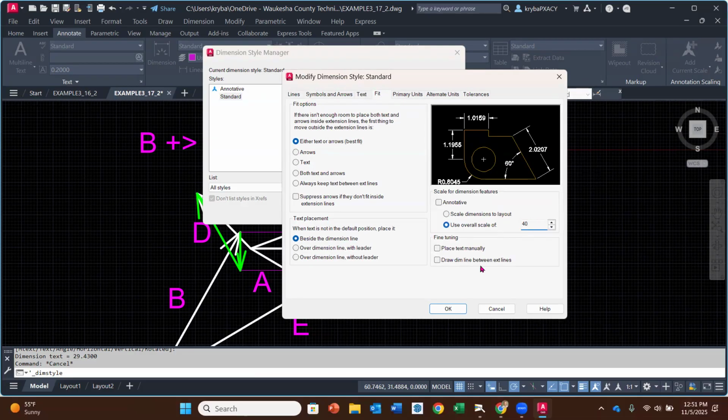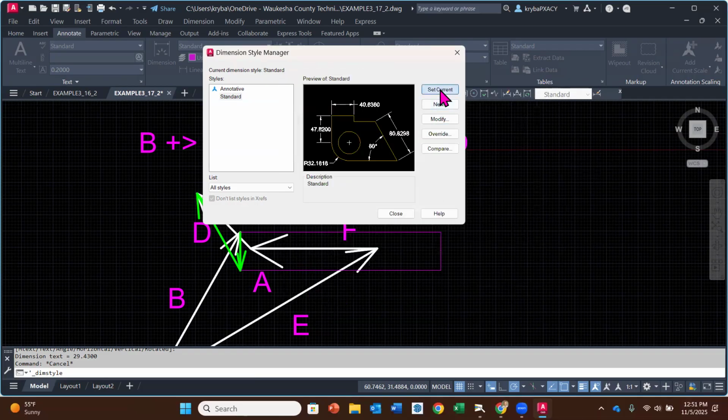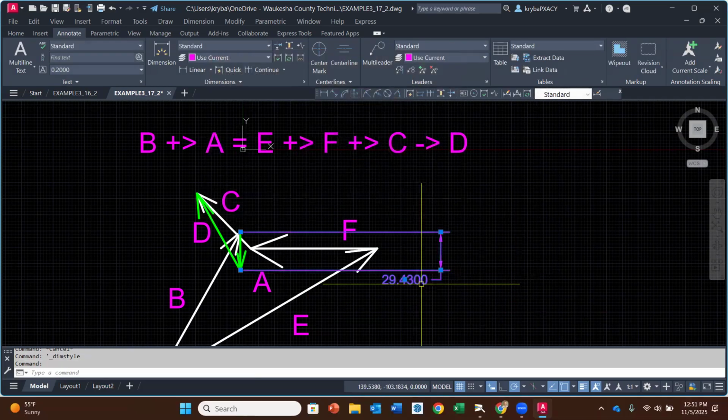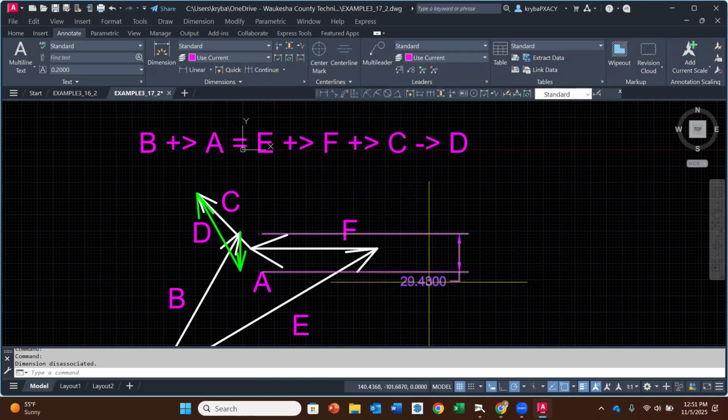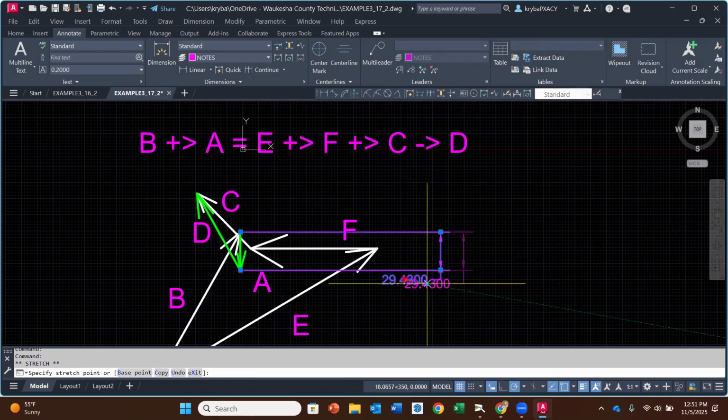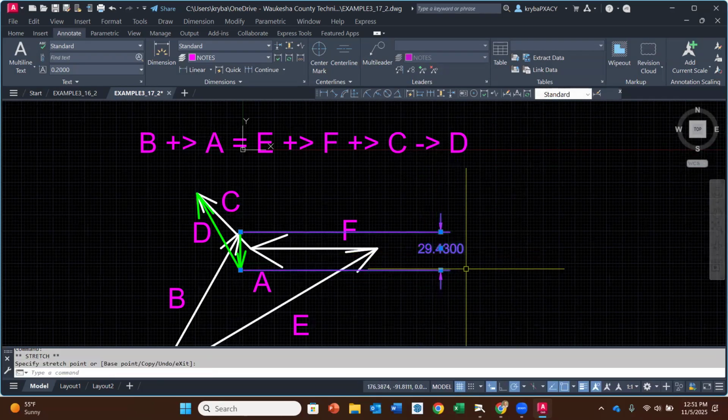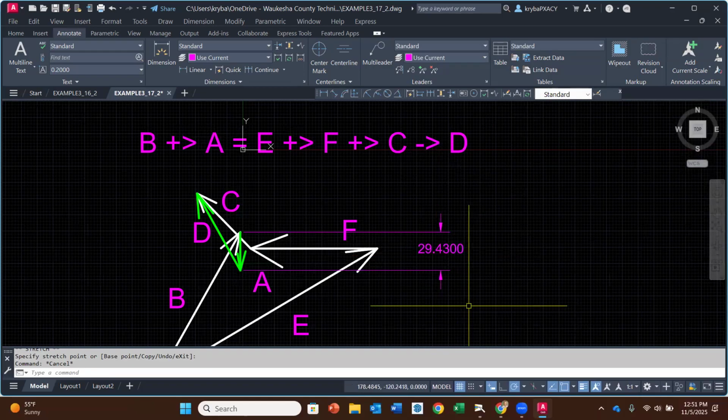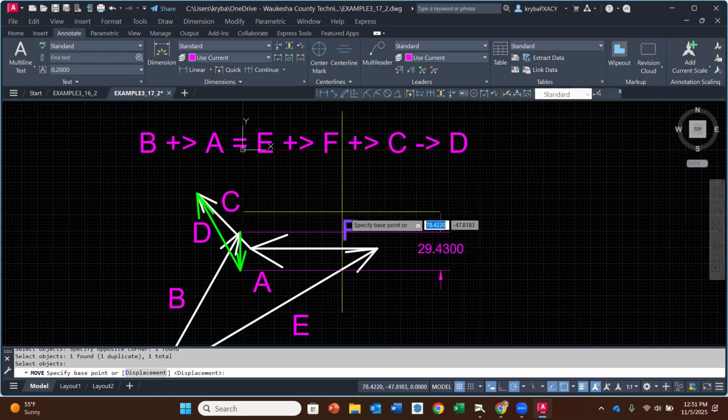I'll do 40 this time. Set current, close. Yeah, that's pretty good. So about 29.43, they have 30 for A. I know the book rounds, so I'm very confident in our value.